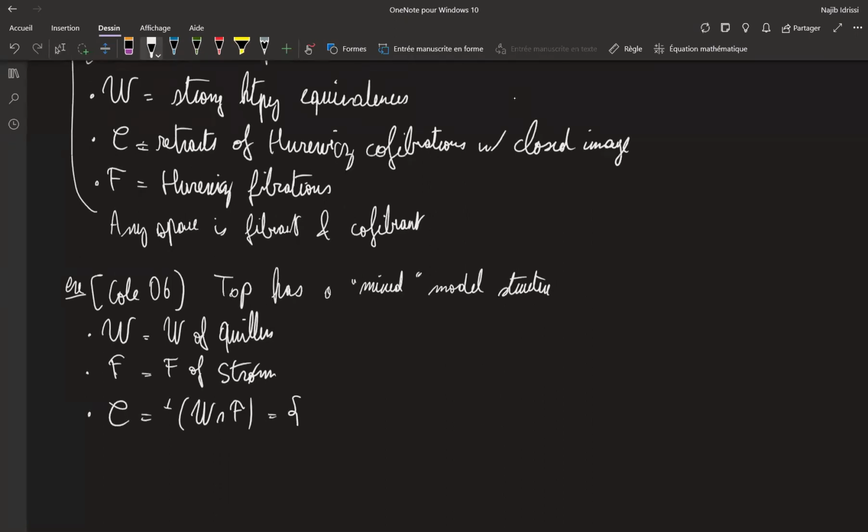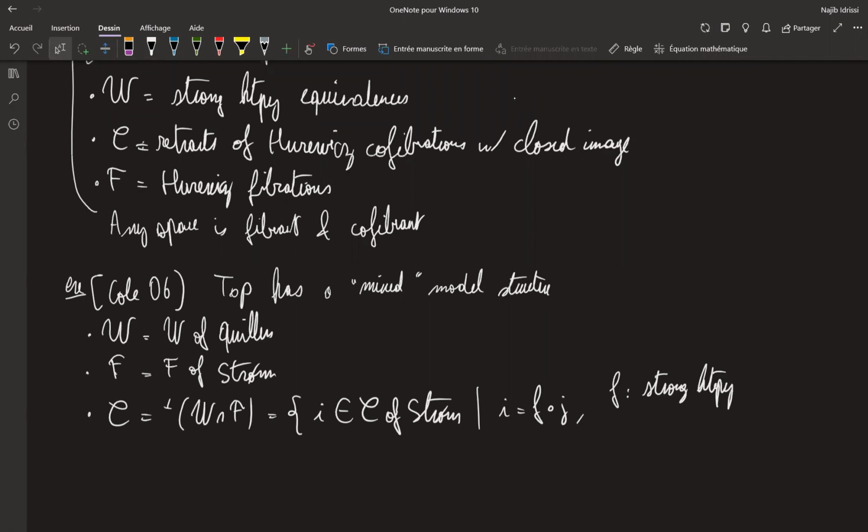But this is the set of maps i, which is a cofibration of Strom, so you have X to Y, a cofibration with a closed image, such that i is equal to f circle j, where f is a strong homotopy equivalence, and j is a Quillen cofibration.